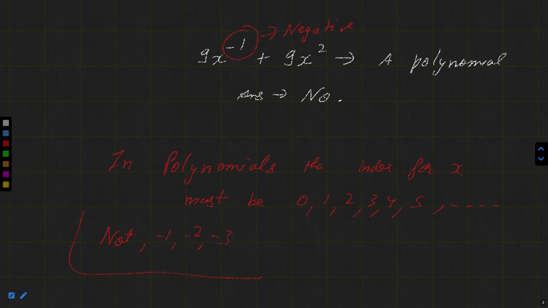This cannot happen. So this is an example of not a polynomial. I hope you are now clear how a polynomial will look and how it will not be represented.